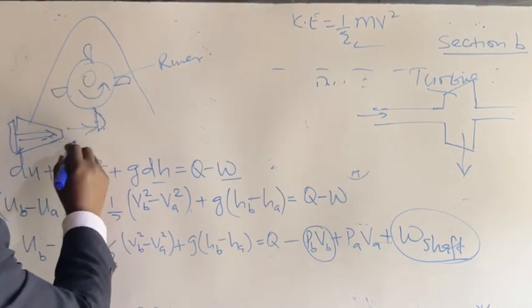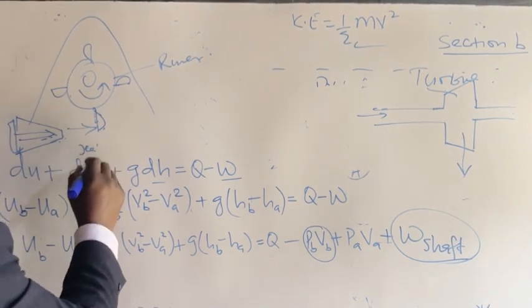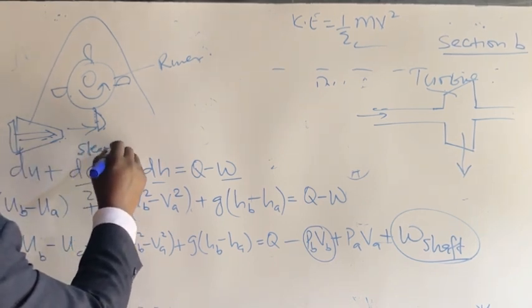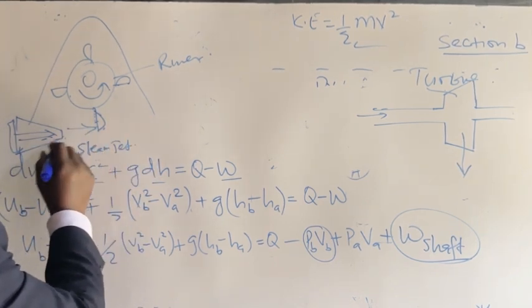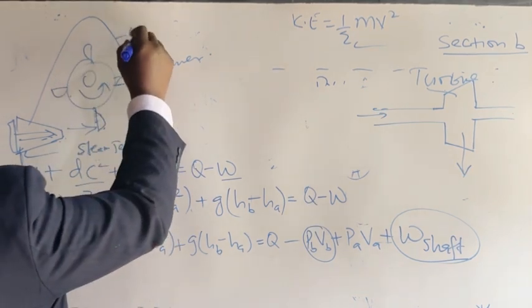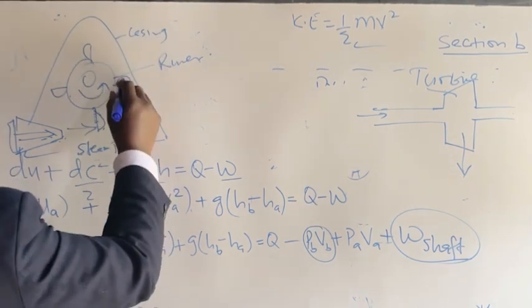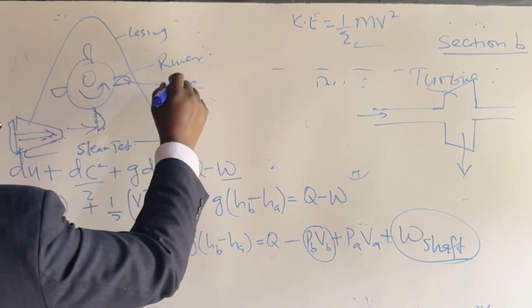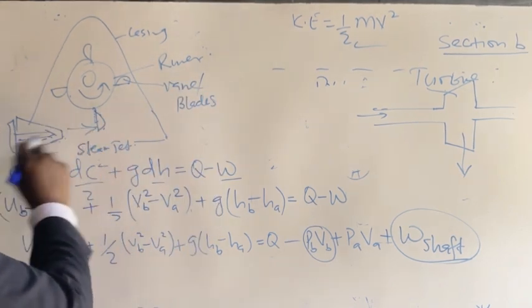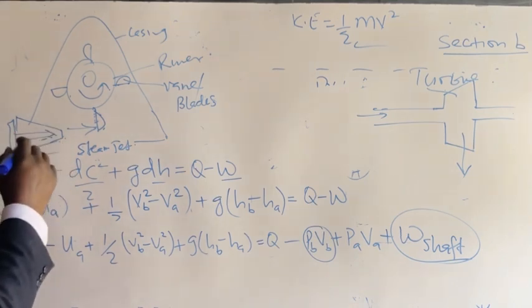So we have this jet of steam, or water jet, whichever it is. And of course we have the casing. This is the casing. This is the vane or blades. And of course, that is your nozzle.